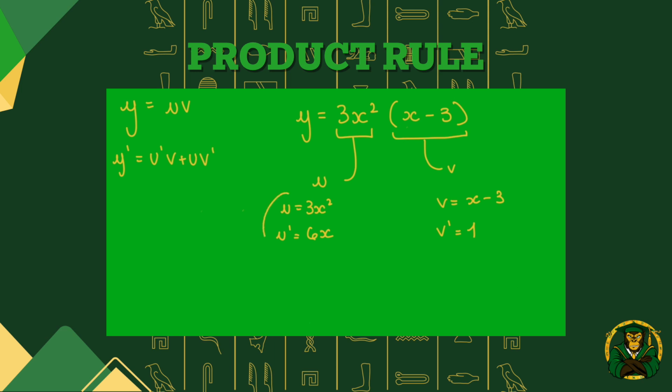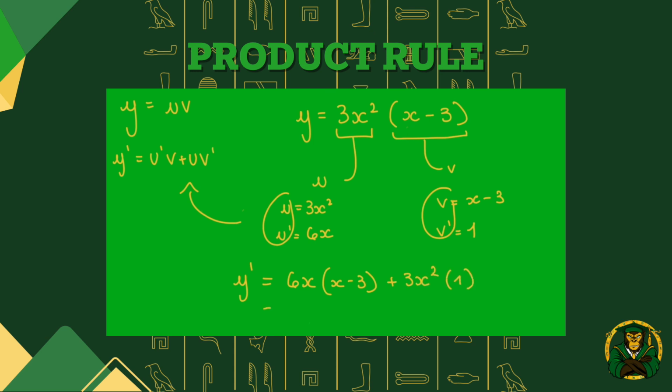Then you take your values, and you put them back into the product rule equation. So y dash is equal to 6x times by x minus 3 plus 3x squared times by 1.